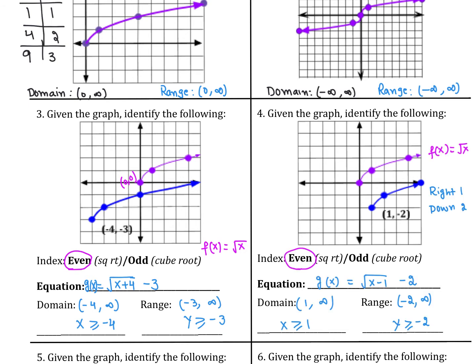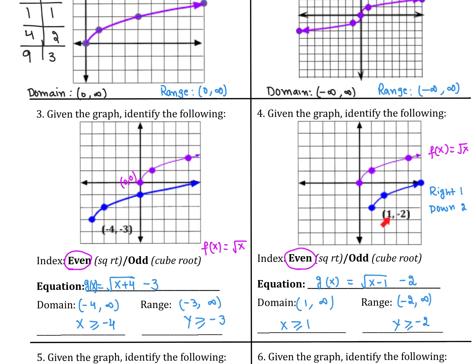For question number 4, the parent graph for this function is square root of x and is going to be an even function. The translated graph is moved 1 unit to the right and 2 units down. So that's why the g(x) graph, this graph, is 1 unit right and 2 units down.